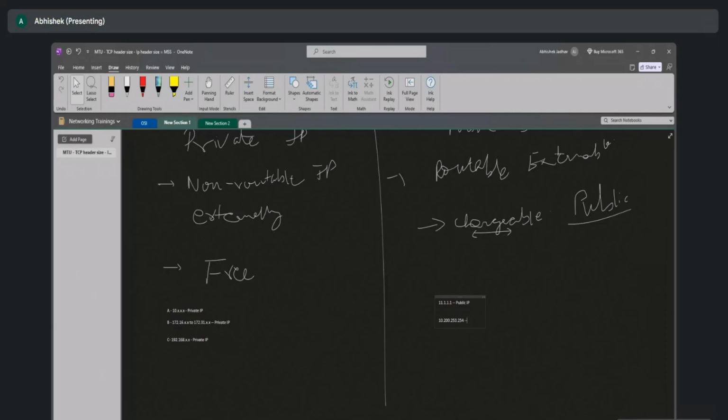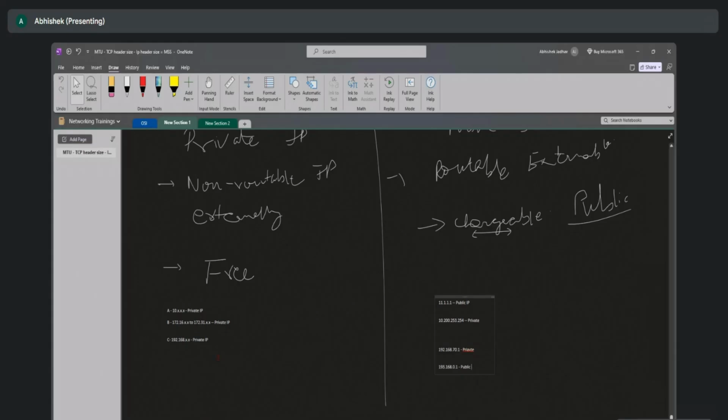It's a private IP. Great. What about 192.168.70.1? It's a private IP only. What about 193.168.0.1? Public. It is public. Great.